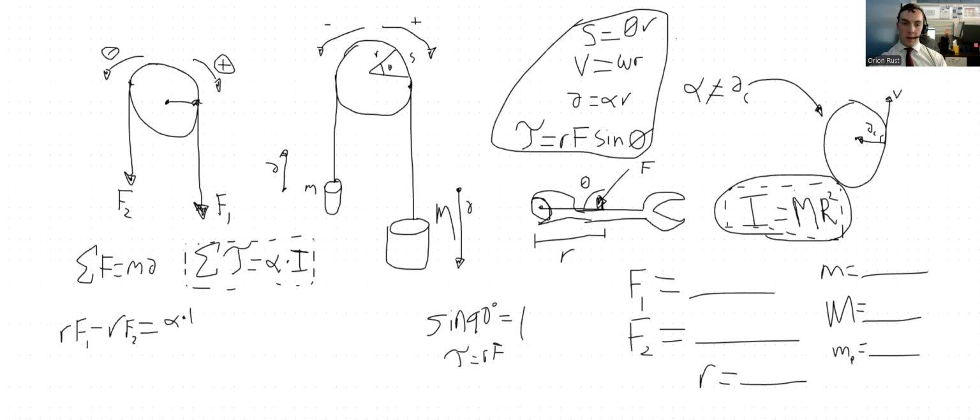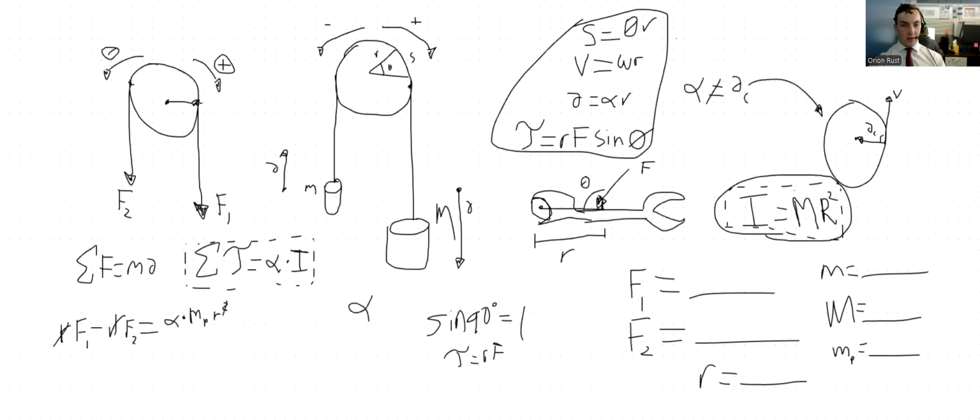So this is going to be m sub p r squared, where r is the radius of the pulley. And from here, it's pretty easy to go ahead and simplify. We can divide both sides by an r, and usually they'll ask you for the angular acceleration of a system. That's usually what we end up solving for.